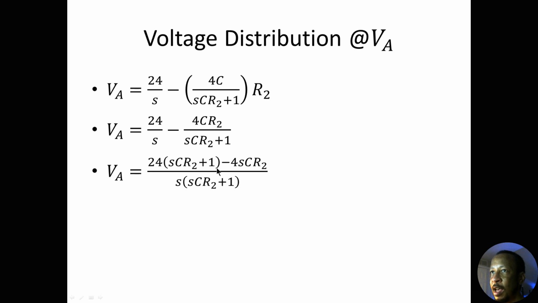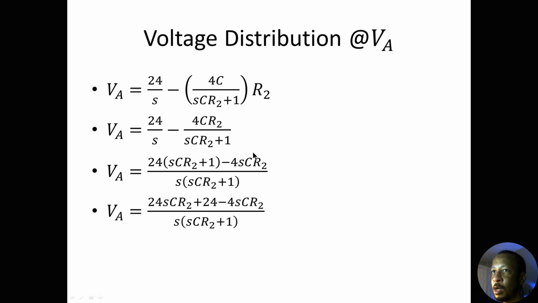So then I'm going to take that and combine this expression to get a total expression for VA. I'm going to continue to simplify. So here I have 24 times, in parentheses, SCR2 plus 1, and outside of the parentheses, minus 4 SCR2.